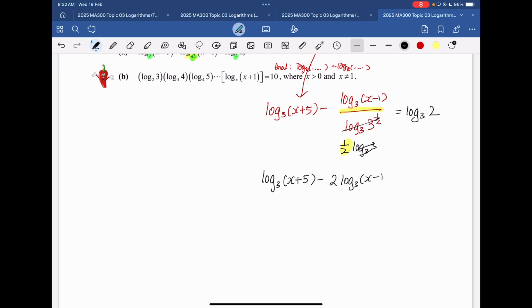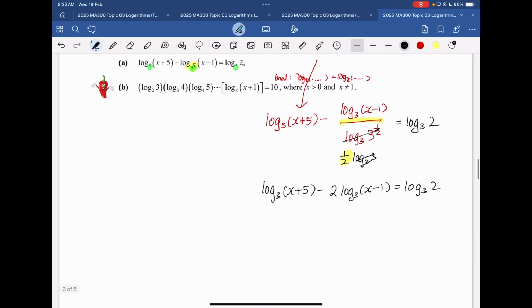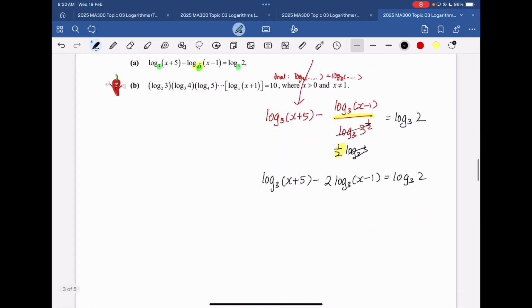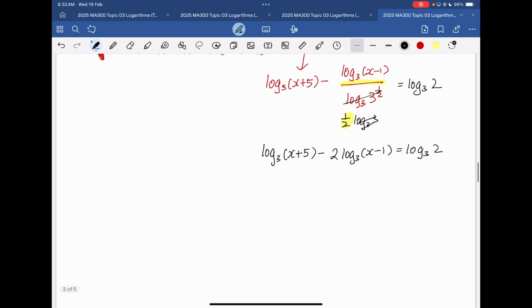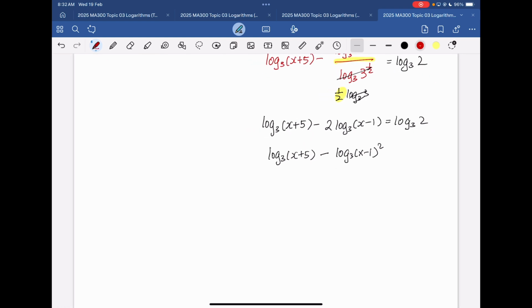What am I trying to do here? I'm trying to pack. What is this the same as? Log base 3 of x plus 5 minus log 3 of (x minus 1) squared. I'm really trying to squeeze them together, applying the quotient law. After I apply the quotient law, you can see I'm trying to get log base 3.